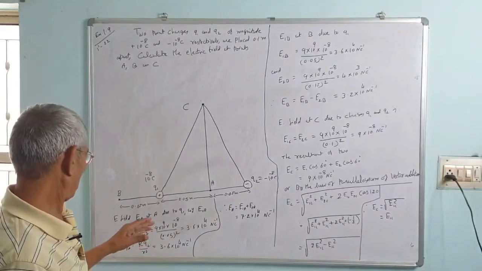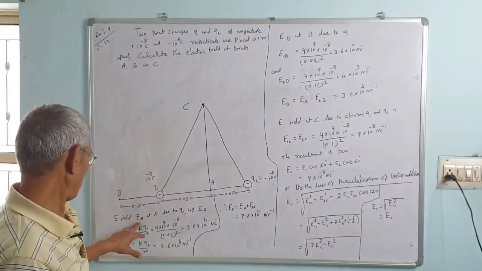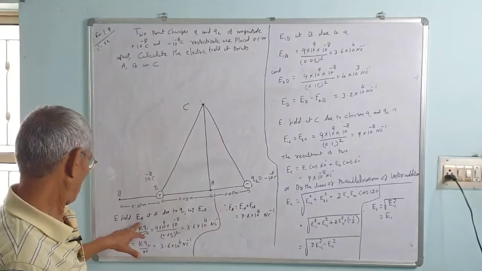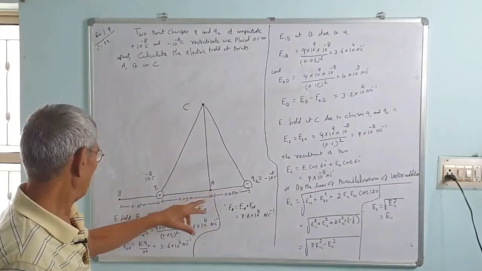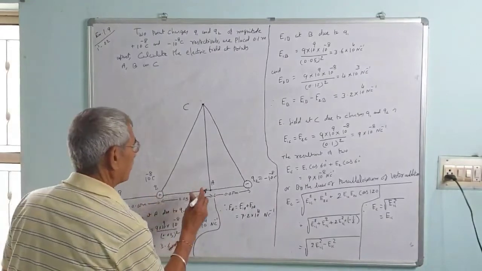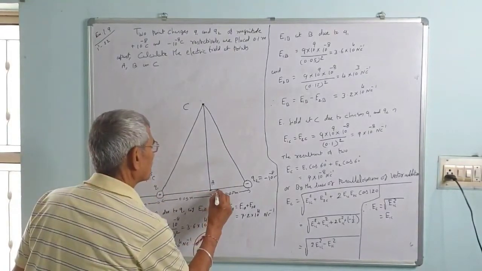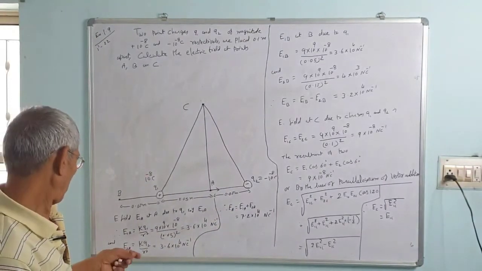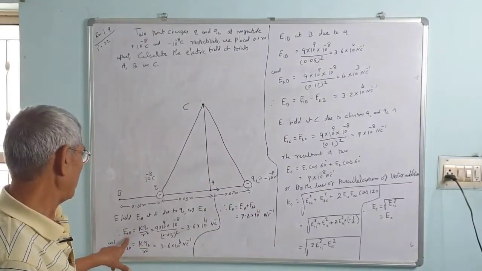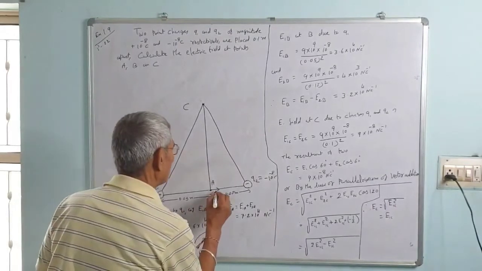Now, the electric field, say E1A, due to the charge Q1 at A. What is the electric field? This is a positive charge, so the electric field will be along the direction shown in the figure, towards the right. Correct?